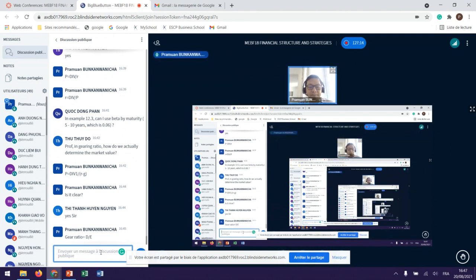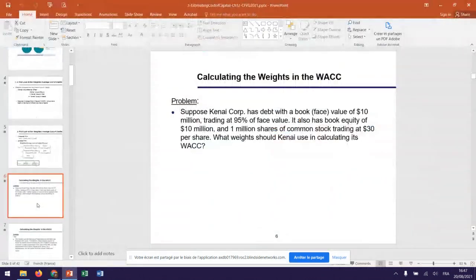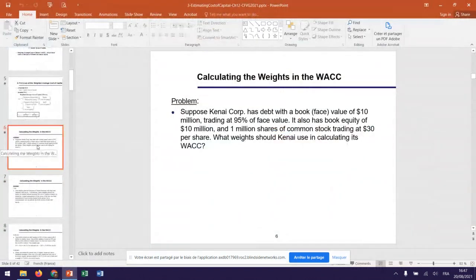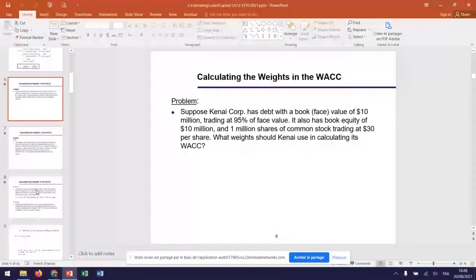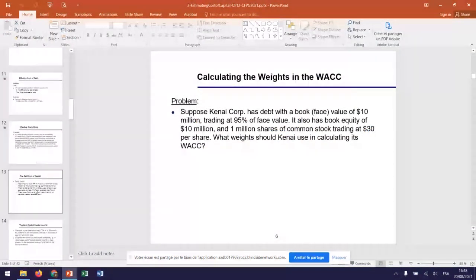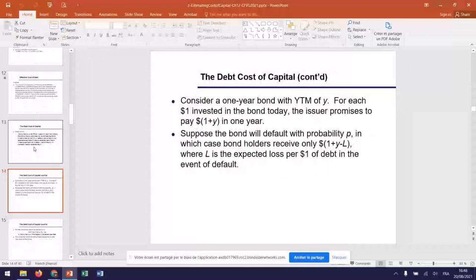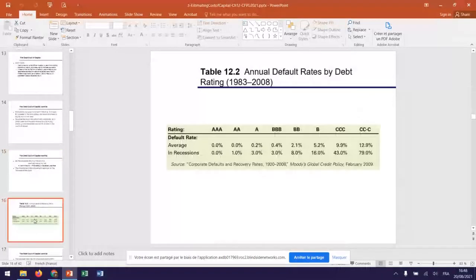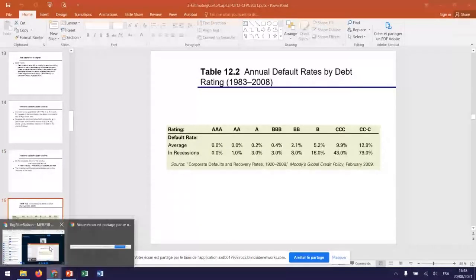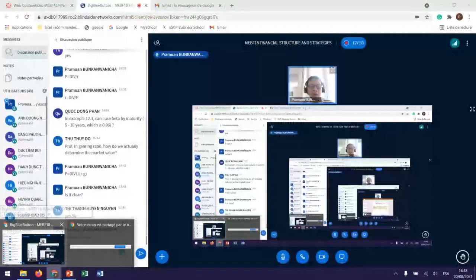Tomorrow we're going to continue making calculations with different methods, so we can estimate cost of capital, which is very important when we do valuation of firms and valuation of equity and so on.